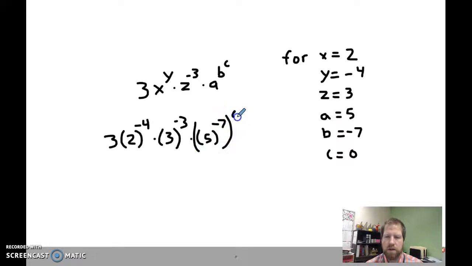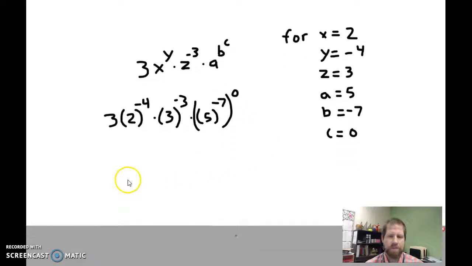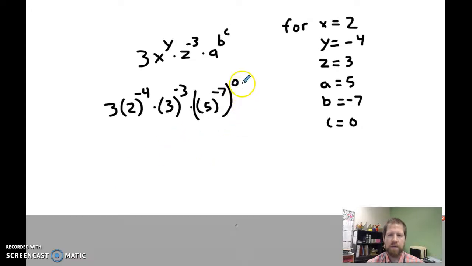to the 0. Okay? So, if you remember your properties of exponents, a power to another power, anytime you have an exponent that's then raised to another exponent, you're just going to multiply those together.